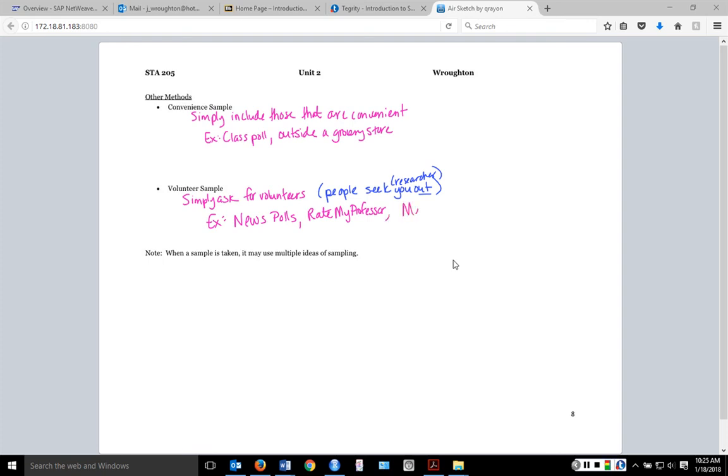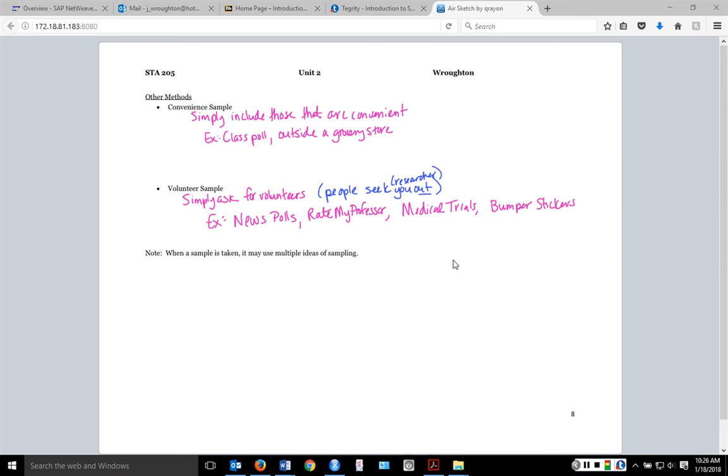Medical trials a lot of times fall into this category. And I'm going to refer to bumper stickers, and I'll kind of explain each of these in a little bit better way. So a news poll, so it might say again, kind of call in, give us your opinion on something.